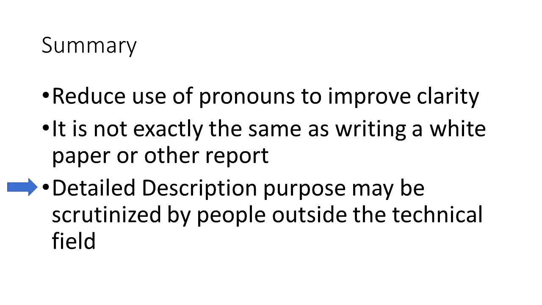A key thing to remember is that the detailed description may be scrutinized by people outside of the technical field. So back to our example. The hash function is in the field of computer science. However, if that patent that we wrote is ever litigated in courts, that detailed description might need to be interpreted by a judge or jury that does not have that technical expertise in computer science.